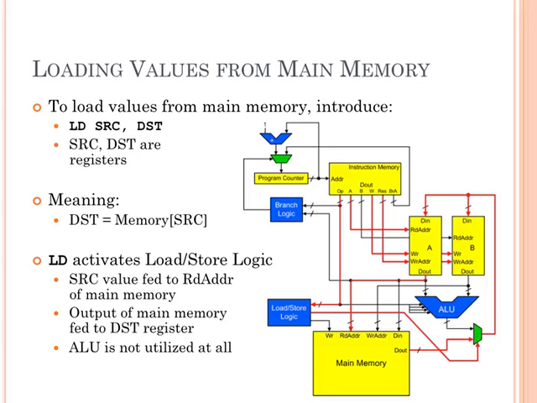Okay? So these values are still going places. You can see that A goes in. So source is going to be A. So that goes in, and we send that value down to the read address on the main memory. It also goes to the ALU, but the ALU doesn't recognize the opcode, so it doesn't care. It goes down to the read address, and the value of that memory cell comes out of the main memory on D out, and we also activate our multiplexer so that that value goes back into the register file.